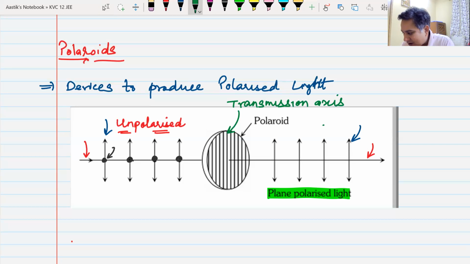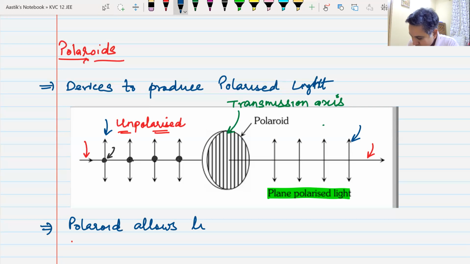A polaroid only allows light which is parallel to the transmission axis to pass through.